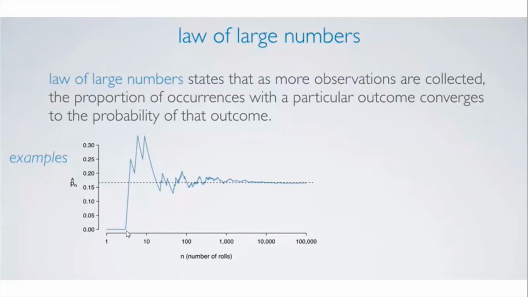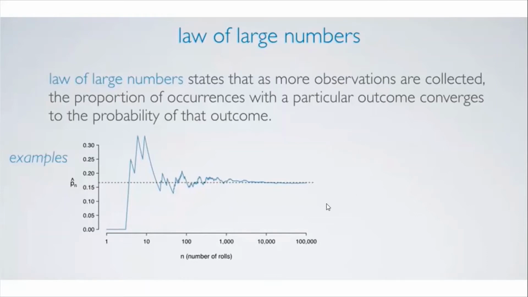And then as the number of rolls increases, that proportion of getting an outcome approximately converges to 0.16, which is exactly 1 by 6.